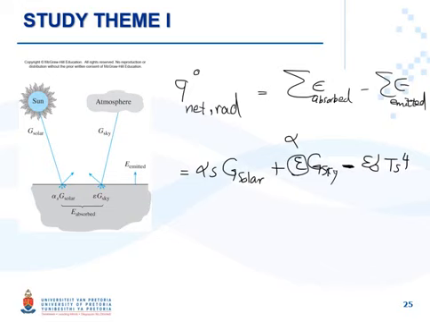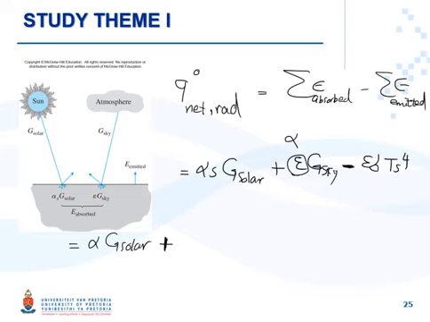Let's say Q net is, if we want to make it easier for us, alpha G solar, as I told you, based on Kirchhoff's law.